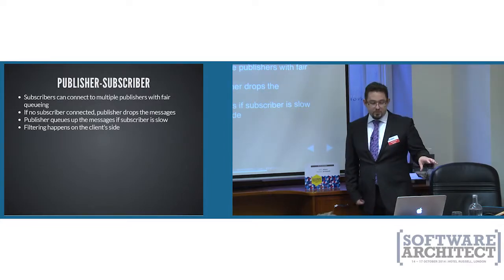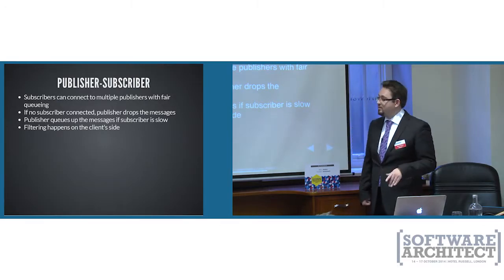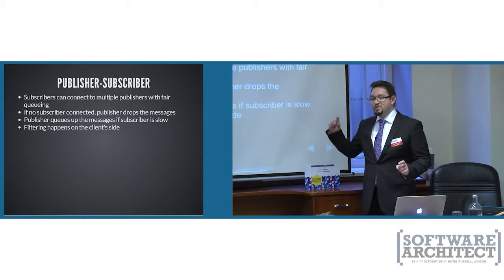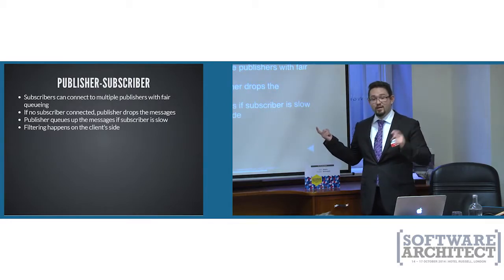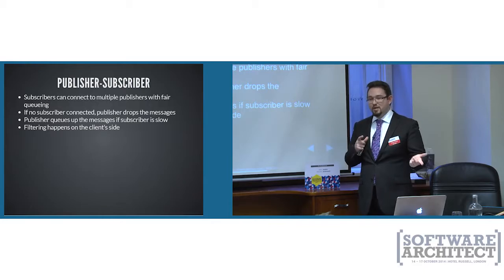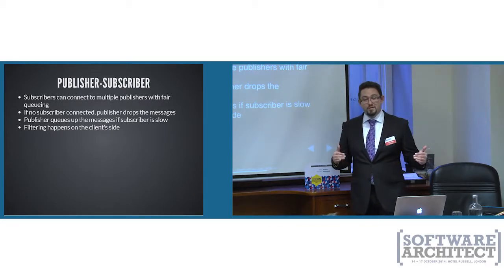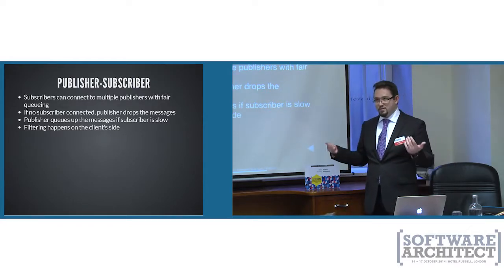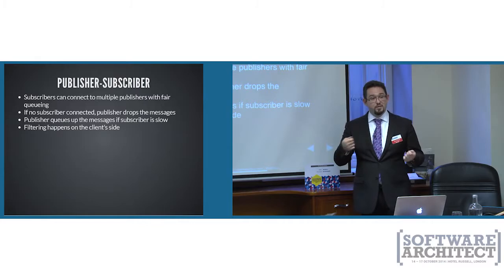If no subscriber is connected, the publisher drops the messages. So it can be tricky: you have to start your clients first, then your publishers. When you orchestrate the services, if you don't want to lose any message, you have to start the subscribers first. As I said, it's not a synchronized communication.